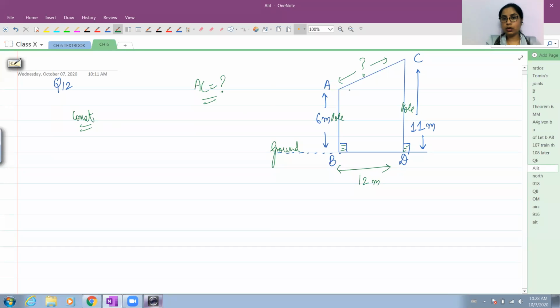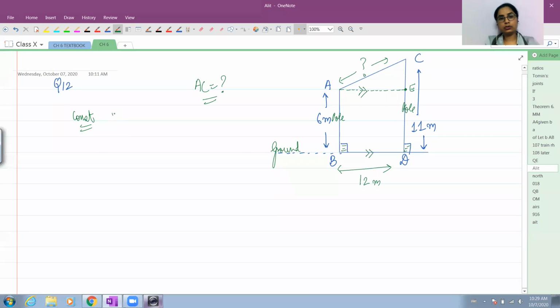I'm going to construct a line through A, which meets the other pole at a point, say E, and this is parallel to the base. So this will form ABDE as a rectangle.